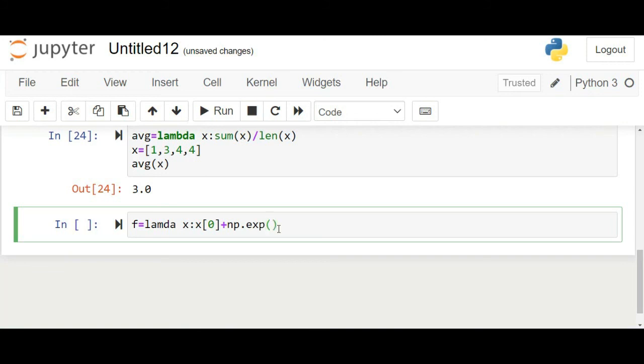Inside the parentheses we write x1 minus x0.